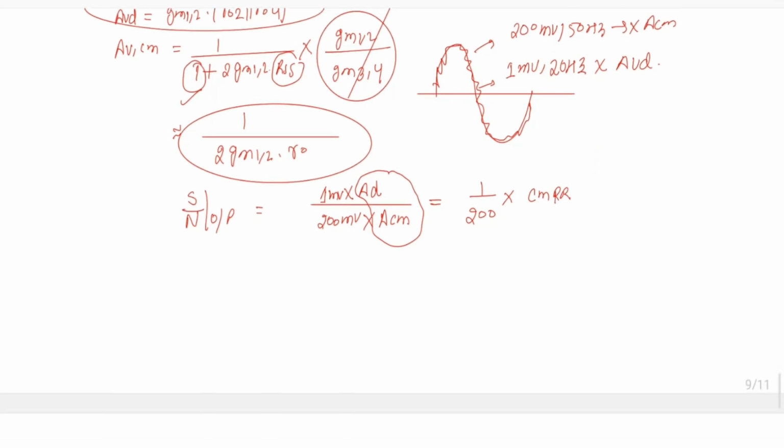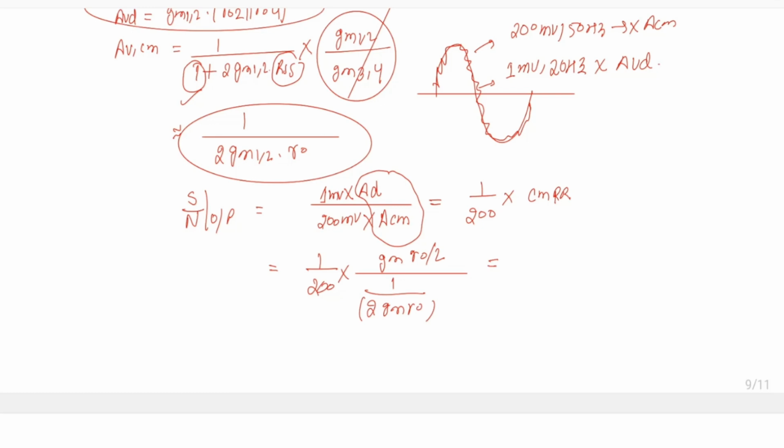Now we will put this value. So this will be 1 by 200 into, what is the AD? It's gm, suppose RO2 parallel RO4 is RO by 2, divided by 1 by 2 gm R0.